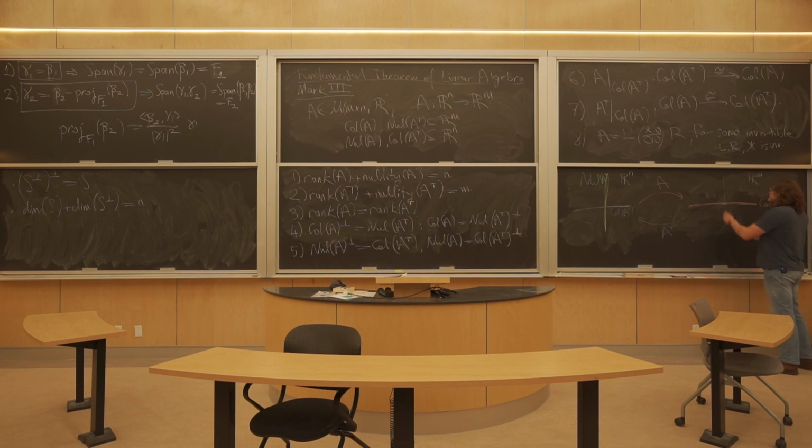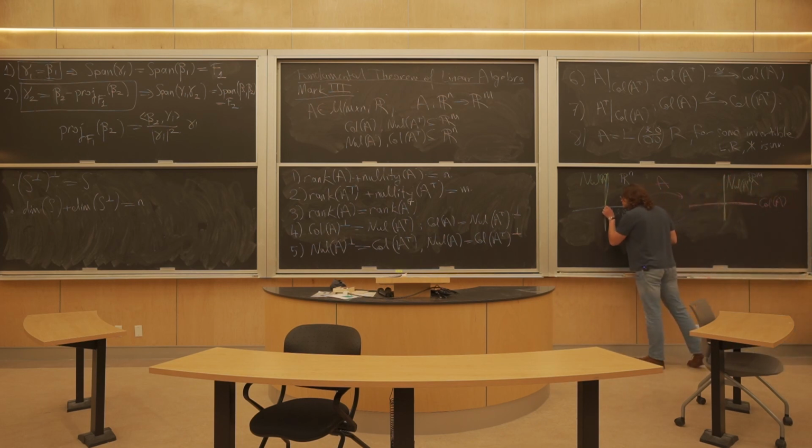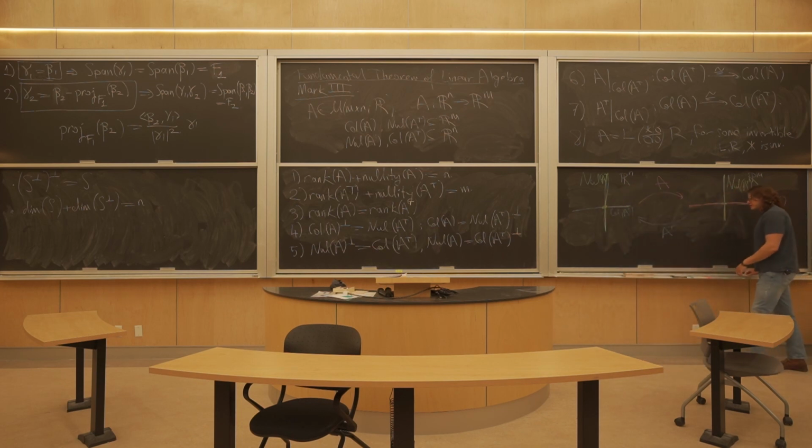And likewise, this thing is the null space of A transpose. Again, I don't know the dimension of it. All I know is that the dimension of this is going to be m minus the rank of A. And I know that whenever I apply A transpose to any vector in this yellow line, I'm going to end up at the origin. So this is some intricate dance happening.